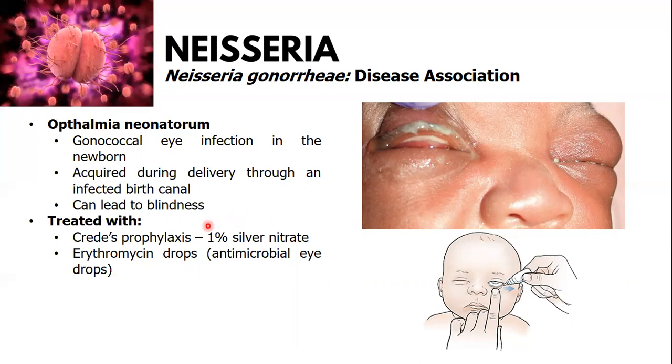However, because it's a heavy metal and it's toxic, it is no longer used. And today, newborns are given erythromycin drops or antimicrobial eye drops as prophylaxis for ophthalmia neonatorum.